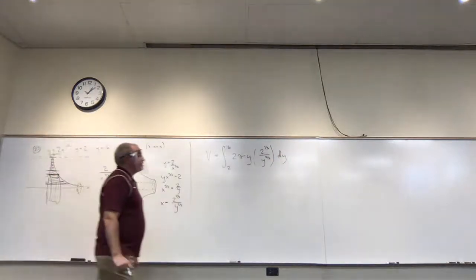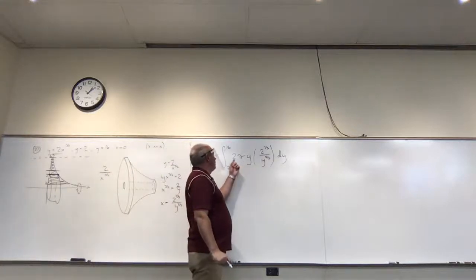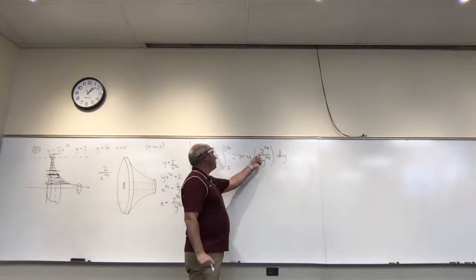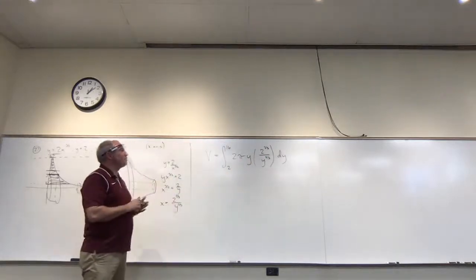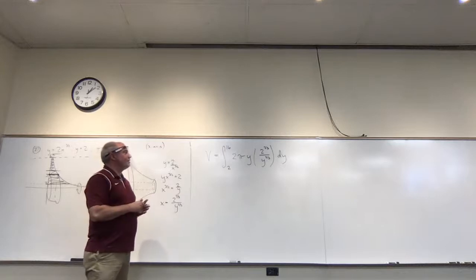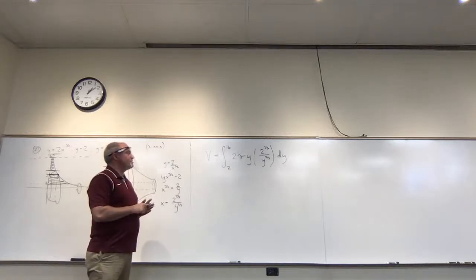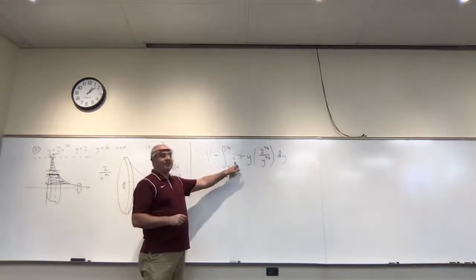Now, I could simplify this quite a bit. I've got a 2 that's a constant. I've got a 2 to the 2/3 that's a constant. What's 2 times 2 to the 2/3? How many thirds is this 2 raised to?